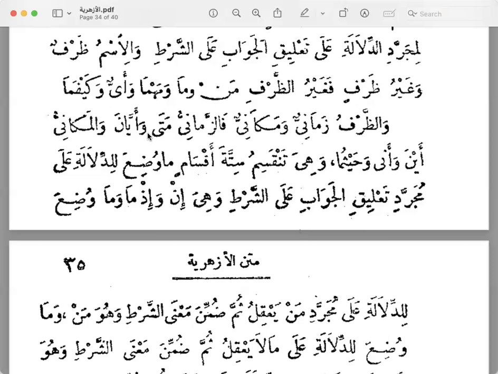So meaning-wise, we all understand what it means. This is whenever you wake up, I wake up. But how do you explain it grammatically? Because it sounds like the ظرف is متعلق to both verbs, in the way that the word if links two words. If X happens, Y happens. It's connecting the two words.